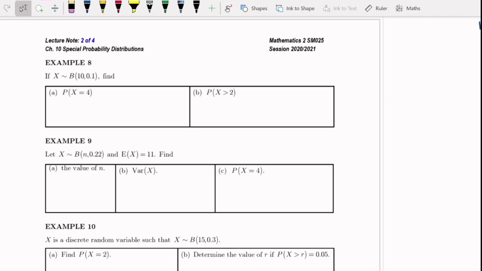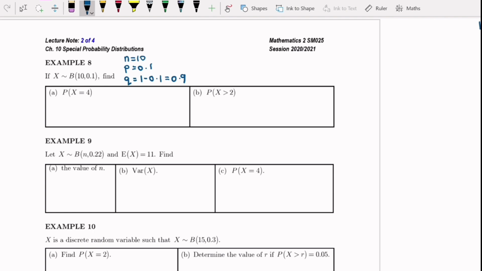Let's look at example 8. If X is binomially distributed with n equals 10 and p equals 0.1, find the value of probability X equals 4. From this question, we have n equals 10 and p equals 0.1. So from here, we can find q. q is 1 minus p, which is 1 minus 0.1 equals 0.9.